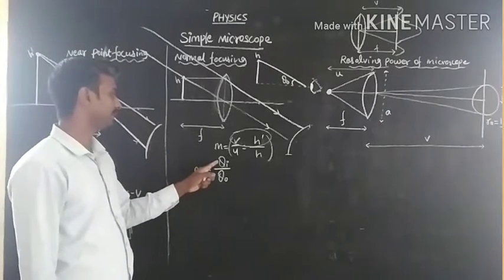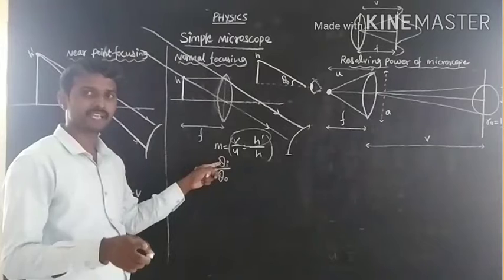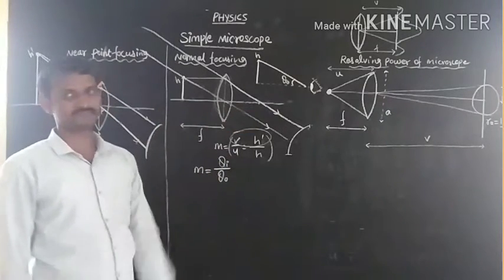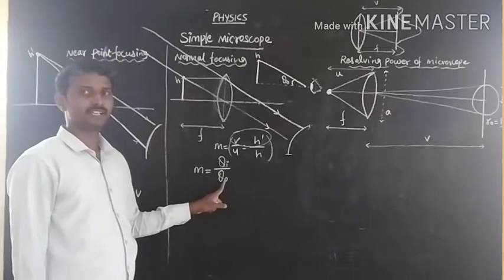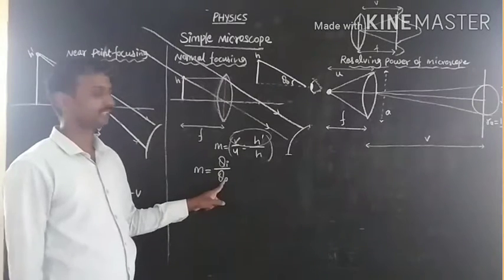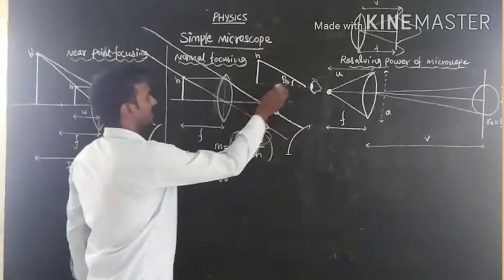So here theta I is the angle subtended by the image with respect to the principal axis, and theta 0 is the angle subtended by the object with the principal axis.